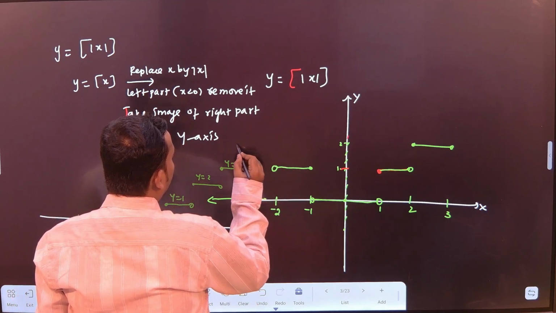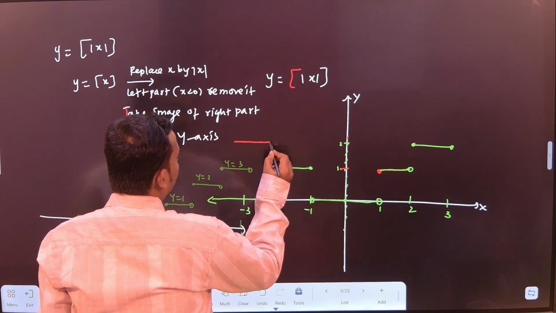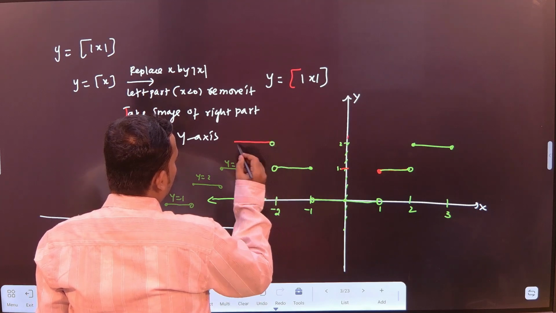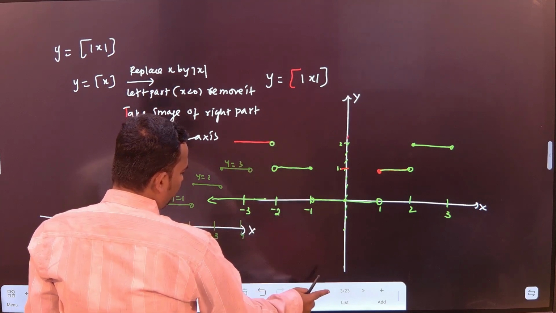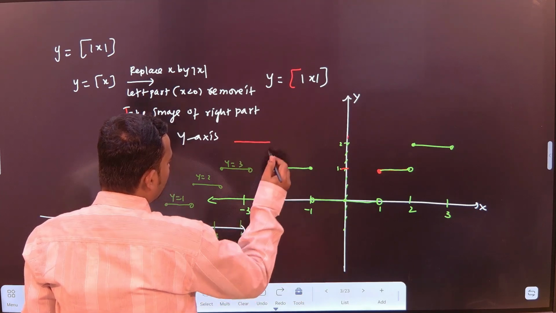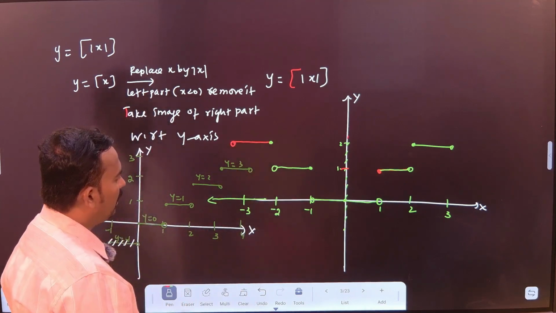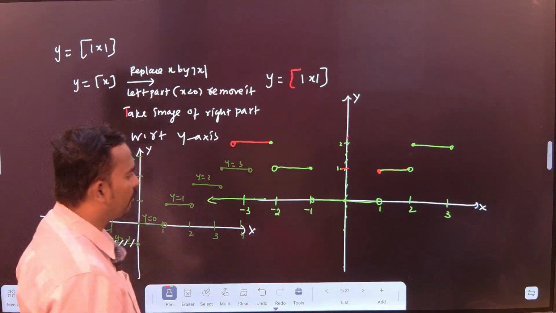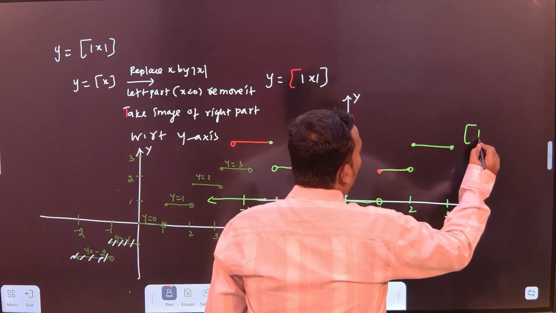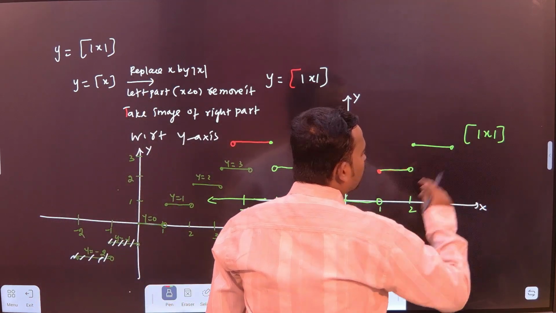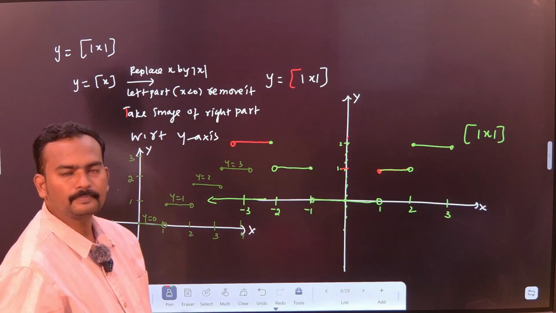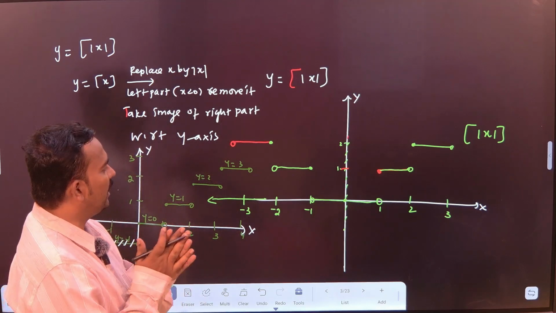So the graph will be like this. Here is closed, here is open. Understand? This is your graph of greatest integer function of mod x. I hope everyone understands, right?